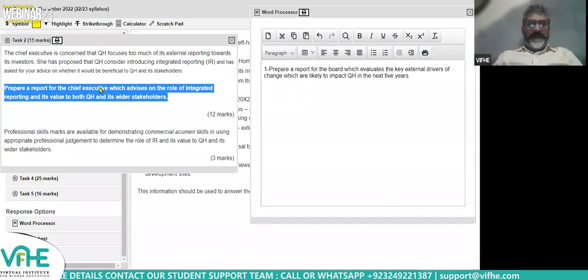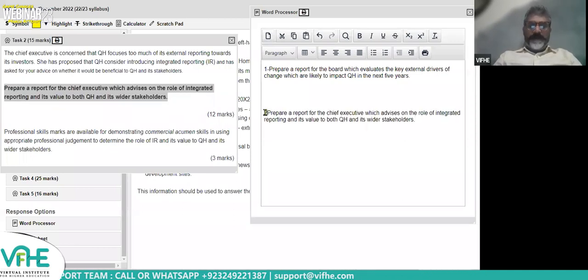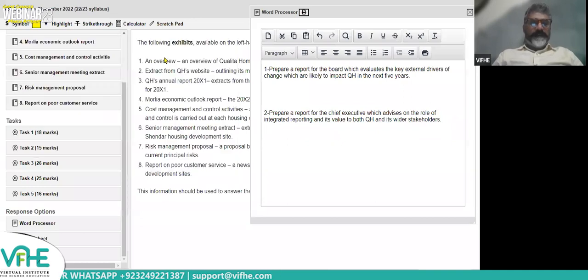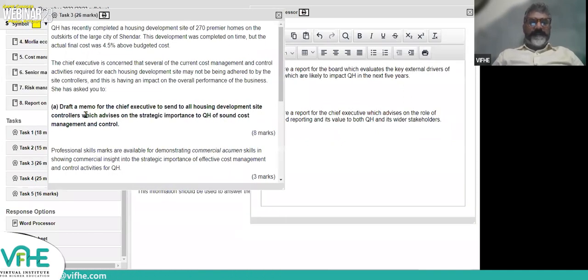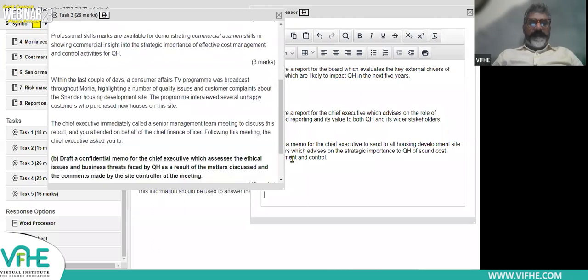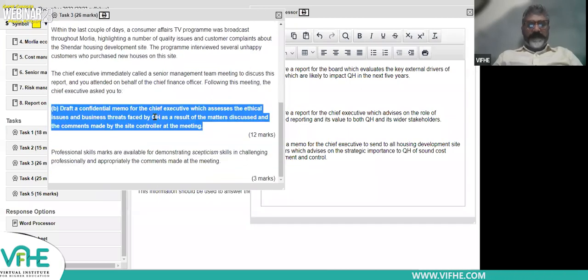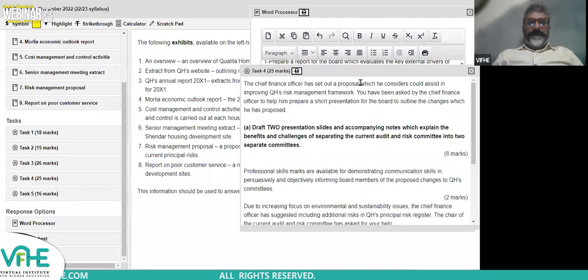I will copy this sentence and paste it here as task number 2. Done. And then I will open the third exhibit. Task number 3A. Done. And then there is, I think, 3B as well, this one. 3B pasted. I will mention them: 3A, 3B, task number 4.